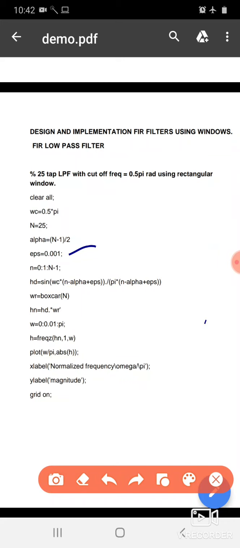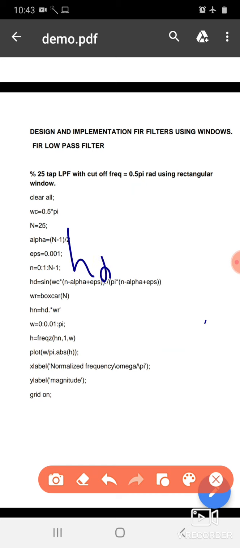Next we use the length, taken as 0 to n minus 1, meaning 25 minus 1, it's 24. Next we want a desired unit sample response. What is the equation for that?